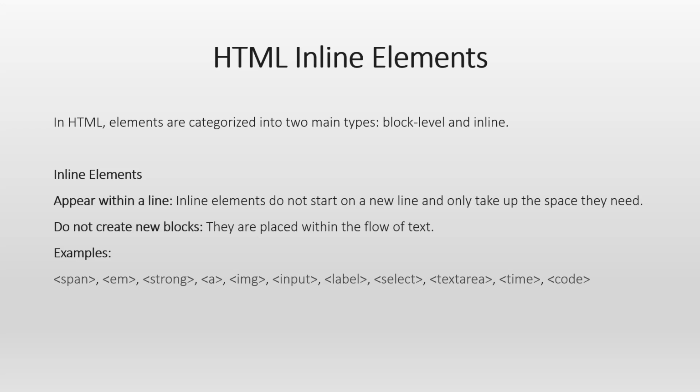Block level elements occupy the full container. But these inline elements occupy only the amount of space they require. These are examples like span, em, strong, image, input, select, textarea, time, code. All these things are HTML inline elements.